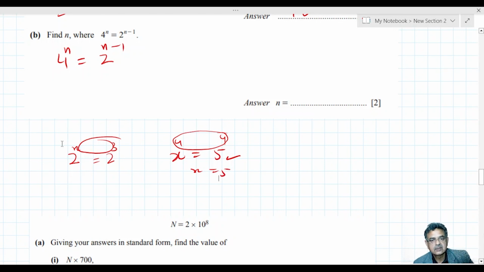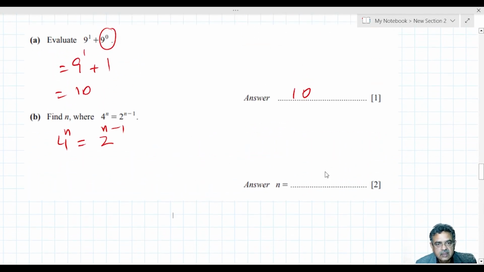So applying that concept, here you can see that we will try to make their bases same. So this is 4 means 2 power 2n equal to 2 power n minus 1.